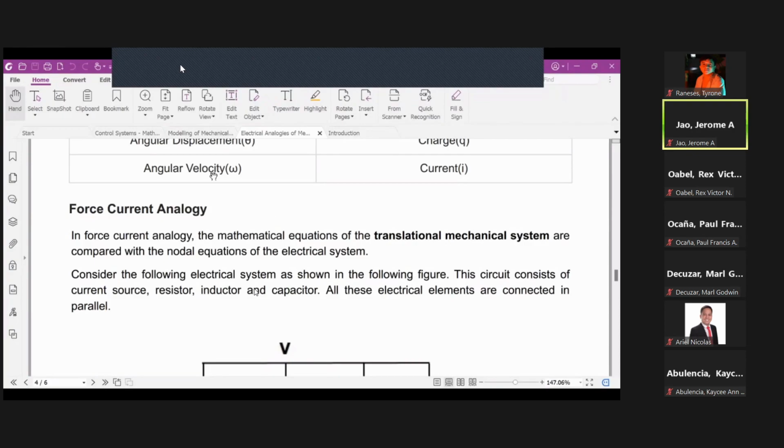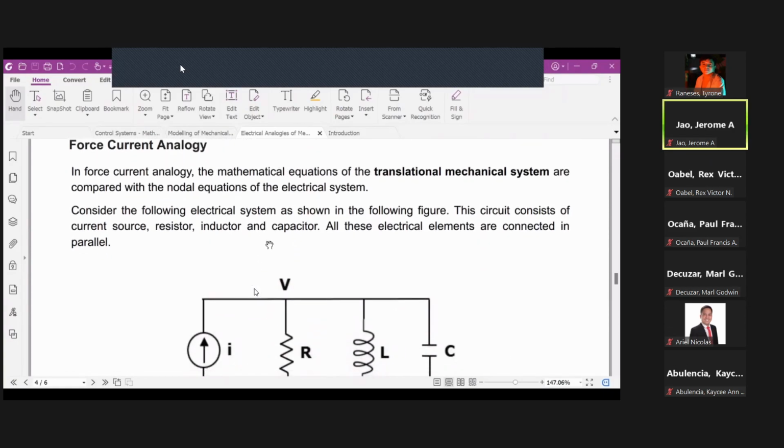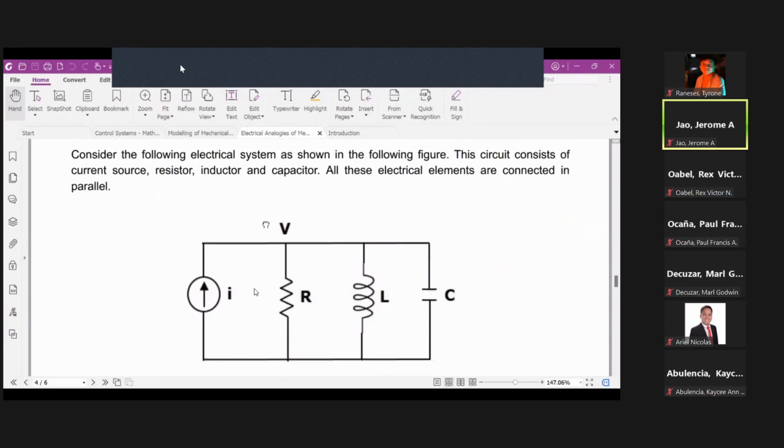However, in the force-current analogy, you are now taking into consideration the analysis based on the current of your electrical system. In this case, we can mathematically analyze the translational and rotational mechanical systems based on the force-current analogy. Let us take the current first.